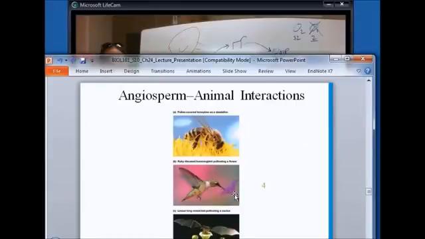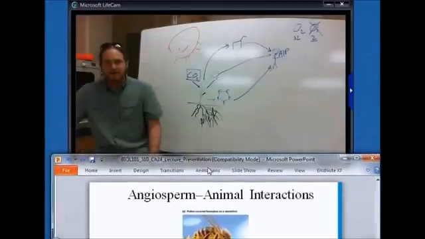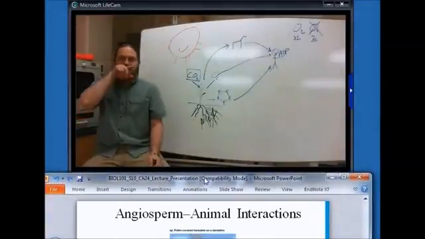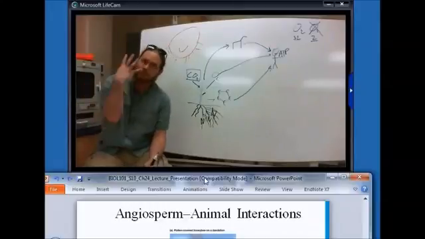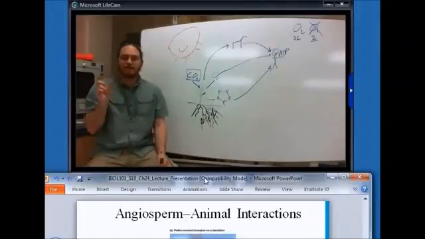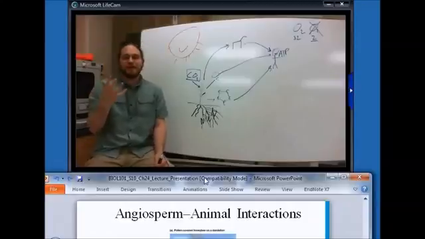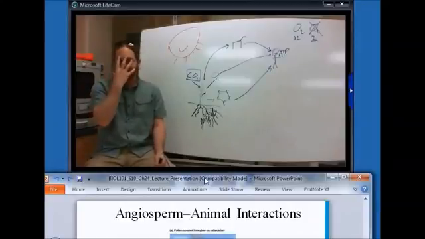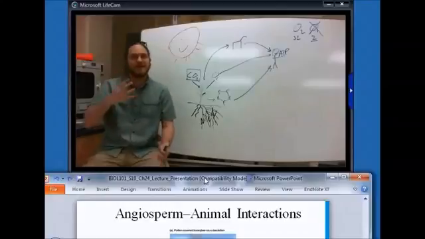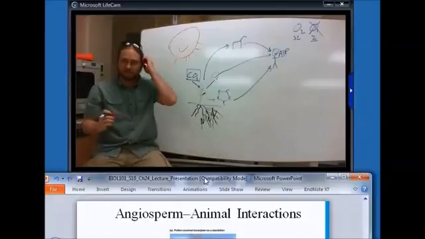This flower puts its nectar very deep down such that only a hummingbird with a very long beak could get to it. And so the idea is that the hummingbird with its long beak gets into the flower, gets pollen all over its face, so that when it moves on to another flower, that other flower gets that pollen from the hummingbird's face onto it, and then it's able to reproduce.